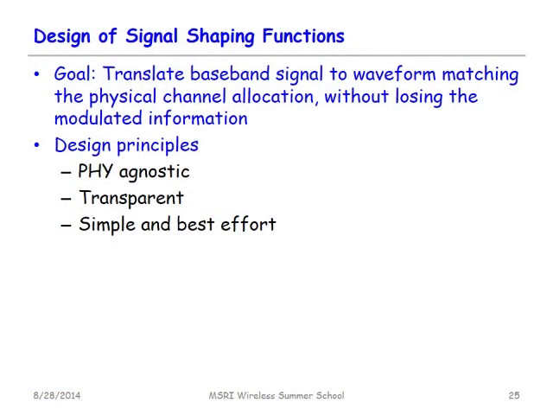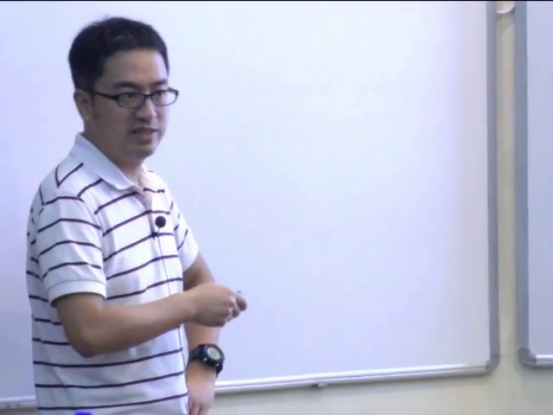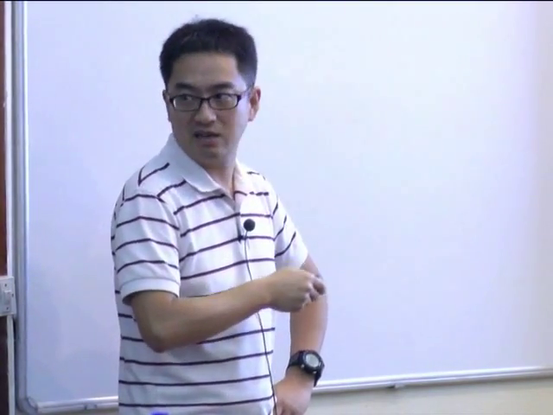So the principle is basically physical layer agnostic, we say transparent. By transparent, I mean that with this layer, although we translate the signals, from the physical layer point of view it cannot tell whether it has been transformed or not.